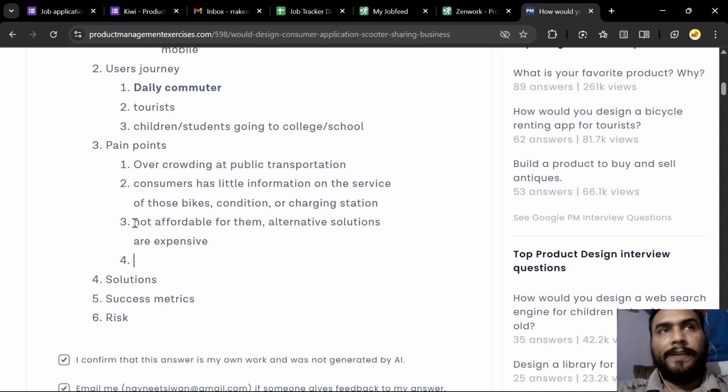Other pain points could be that the consumer is acutely aware of the carbon footprint that their transportation or day-to-day activities have on the environment. So they are looking to reduce the carbon footprint, or for a transportation medium that is efficient and low on carbon footprint.